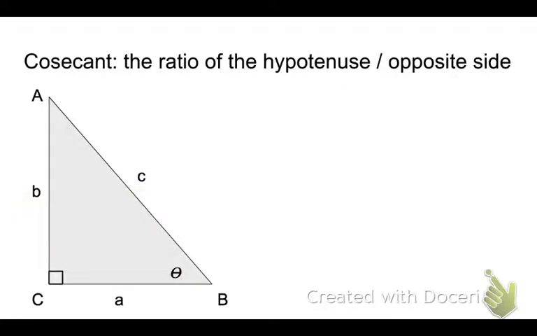The other ratio is called cosecant. Cosecant is the reciprocal function. A reciprocal function just means to flip it. So cosecant is the ratio of hypotenuse over opposite.